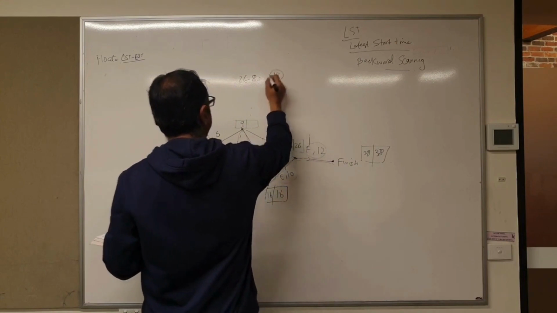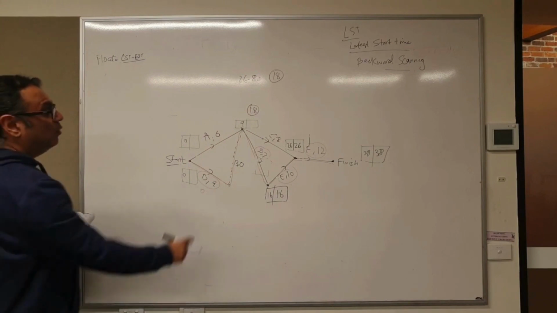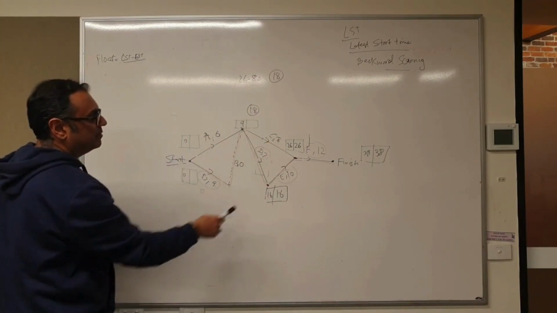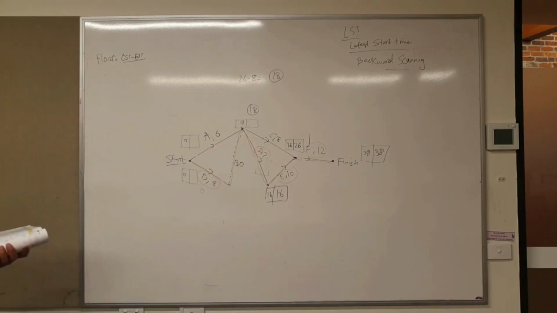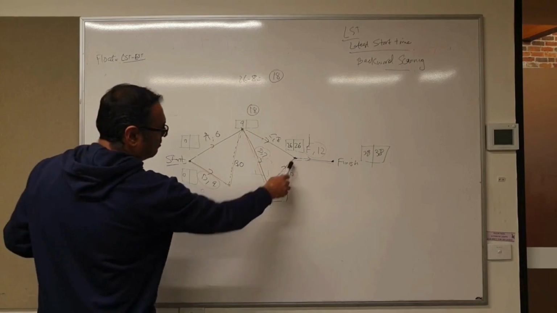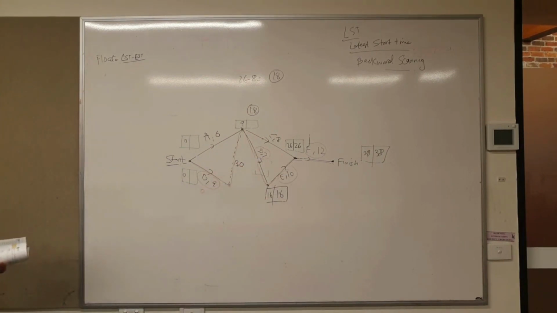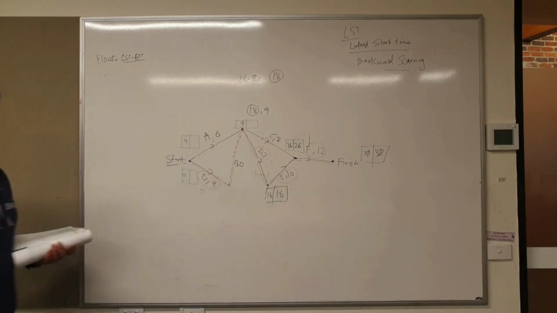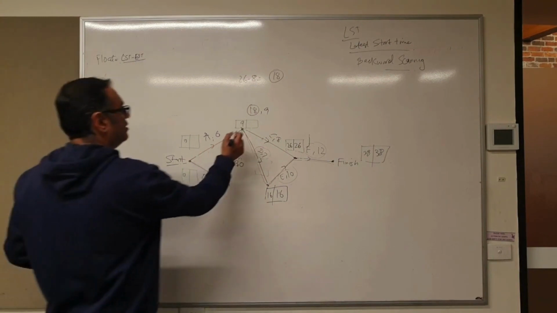Let's mark this number for a while. What are the other ways backward I can go and reach here? I can go from this part as well. From 16, 16 minus 7, what's that number? 9. I take the minimum this time, and I take a 9.